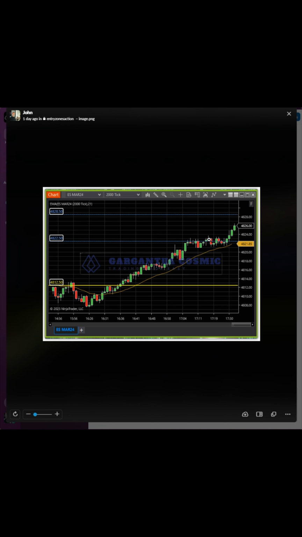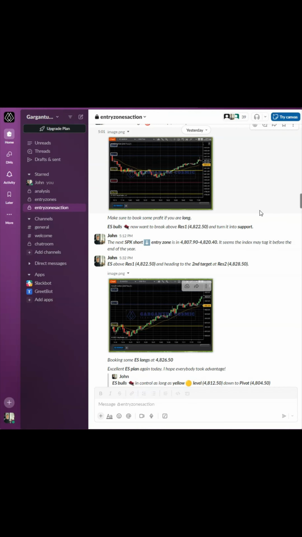However, the index broke above resistance 1 and went up to resistance 2 at 4828.50, where we took some more profit and kept some small final runners at break-even in case we get to the final target, which is resistance 3 at 4838.